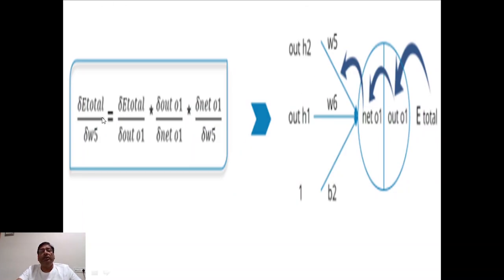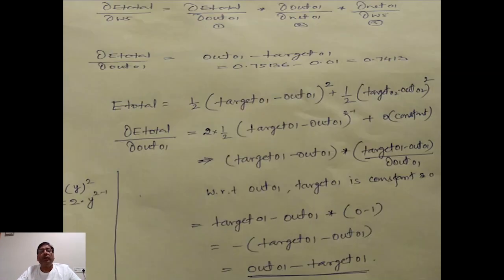With respect to the total error that we got, how are we going to change the weight called W5? So we need to perform here some partial differentiation wherein we are supposed to calculate partial differentiation of E total with respect to W5 you want to calculate, so that you can get a value which can be used to change the value for W5 and so on.